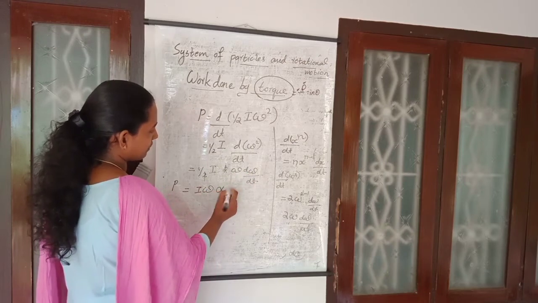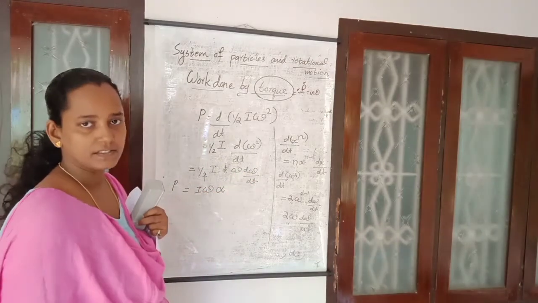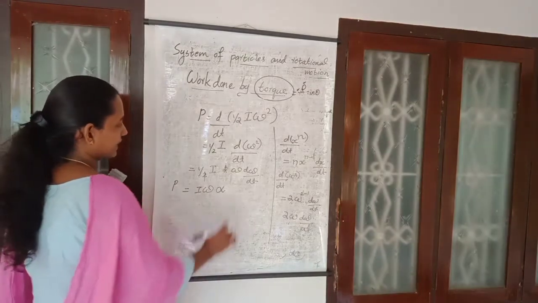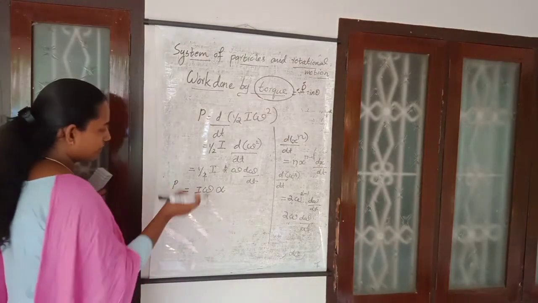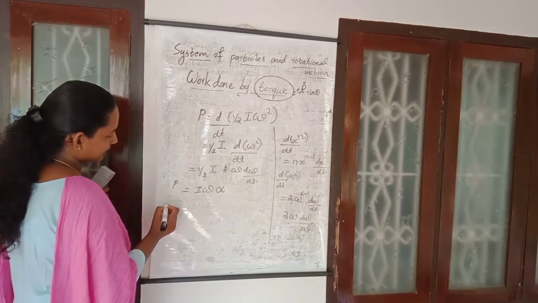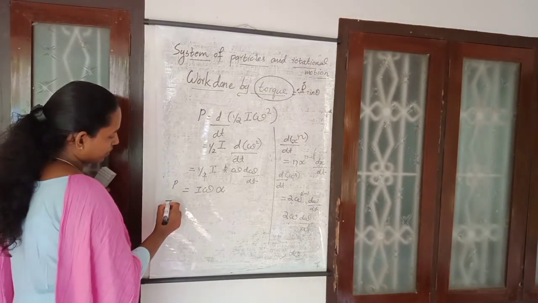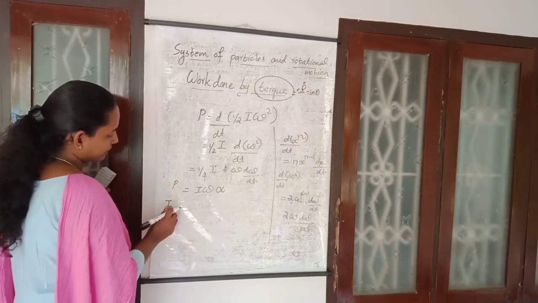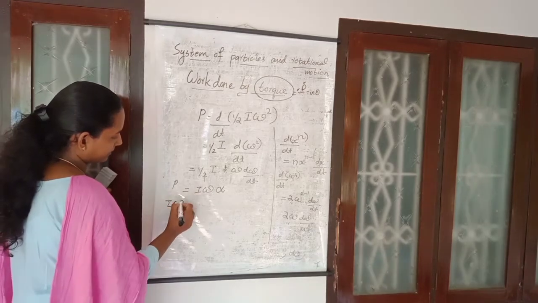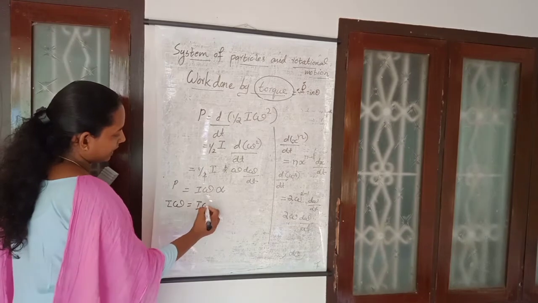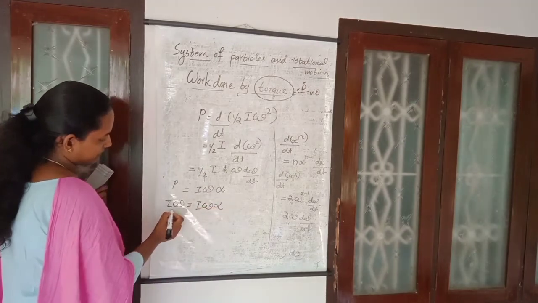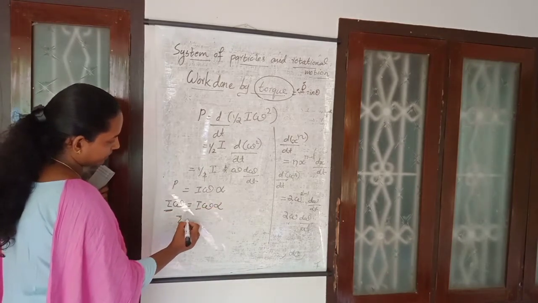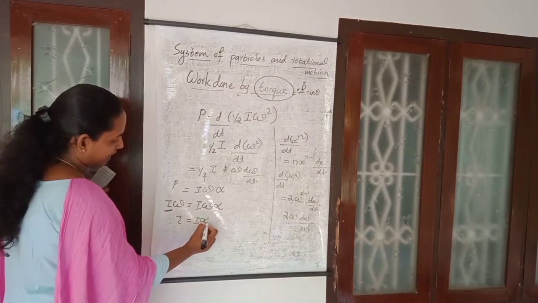Time rate of change of angular velocity, that is angular acceleration. And just now in the previous case we derived power P is equal to tau omega. Therefore tau omega is equal to I omega alpha. So what is torque? Torque tau equals I alpha.